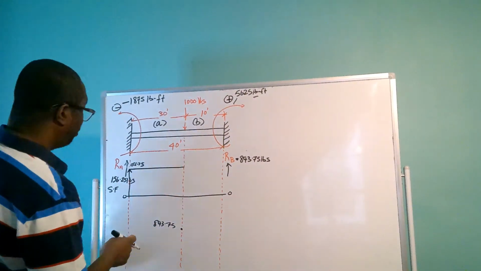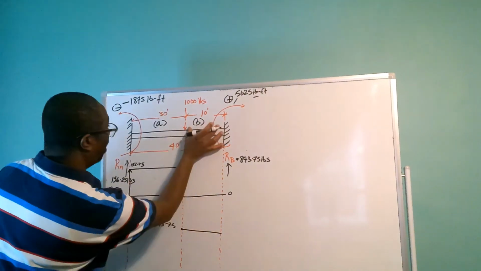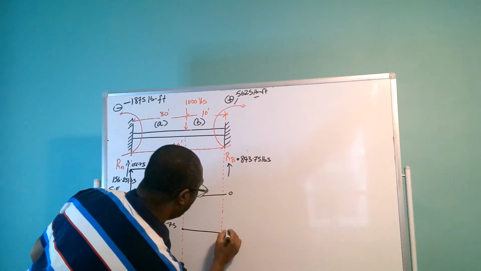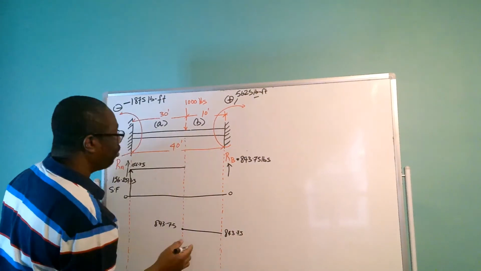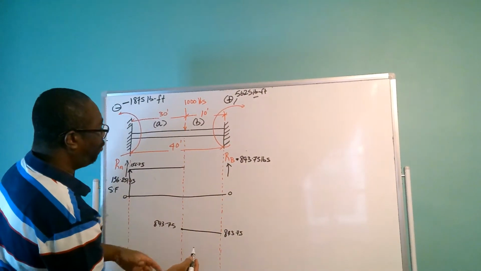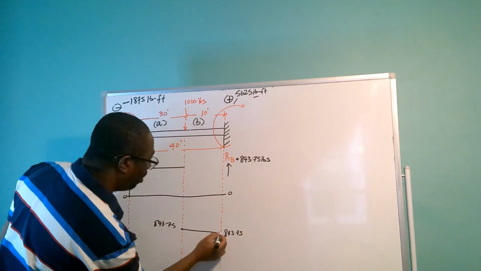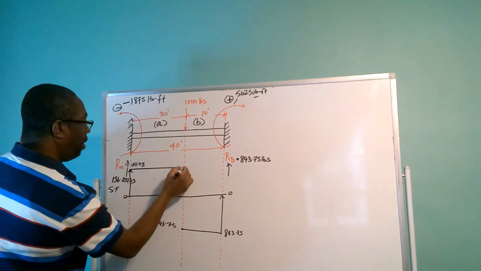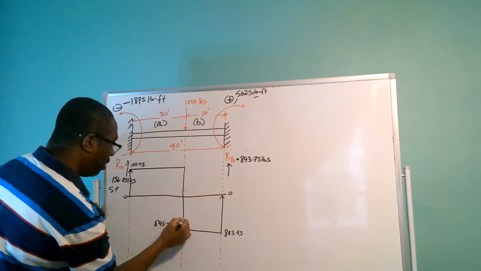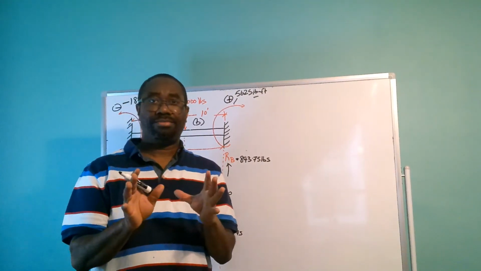So since nothing happened here, nothing happens here, we come back to our 843.75 here, and we have a reaction now of 843.75 going upward again. So you see, the shear force diagram closes.